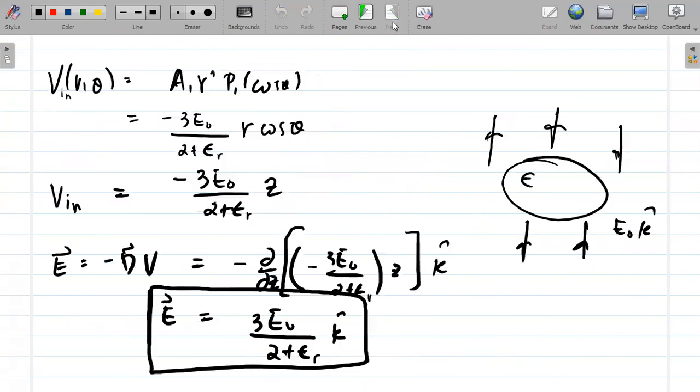Now, what if the material inside is vacuum? Then epsilon r is 1, so 2 plus 1 is 3, and 3 over 3 is 1.